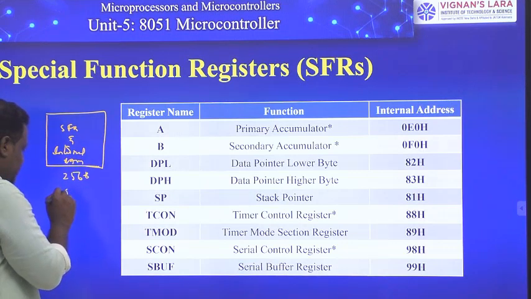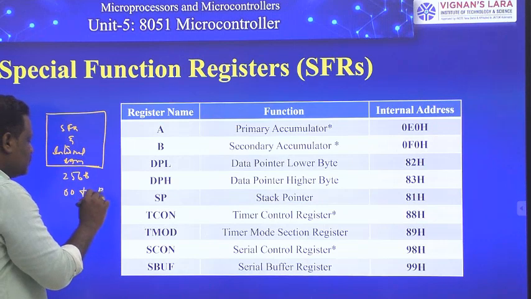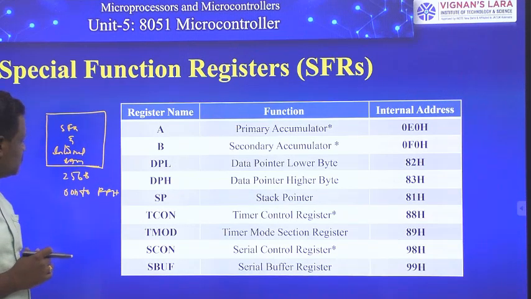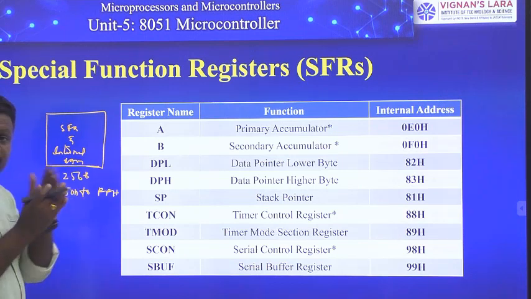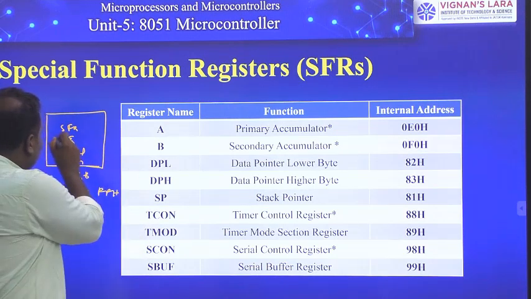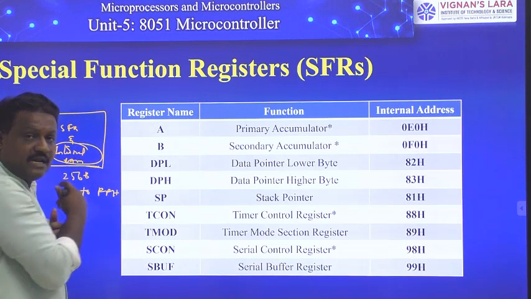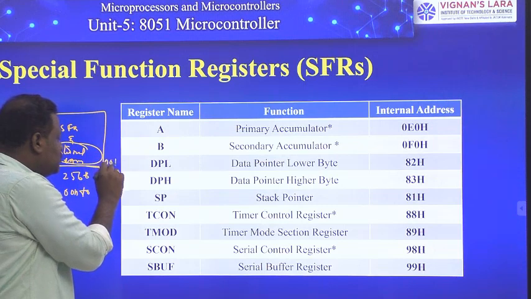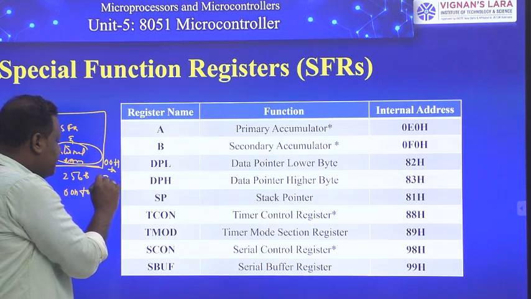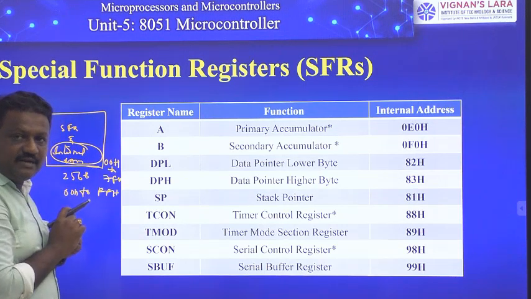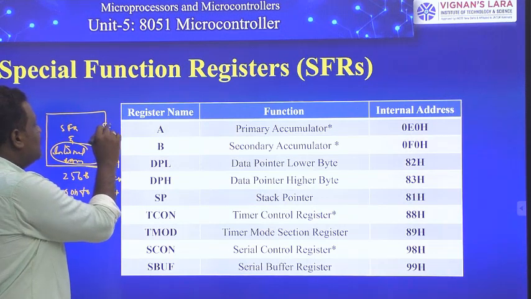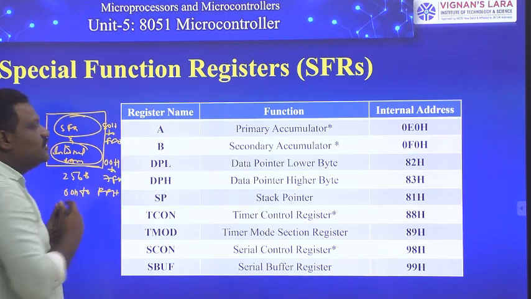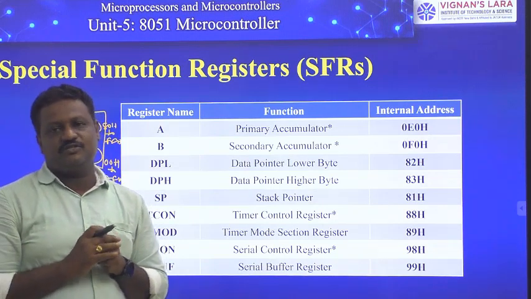That means the address range is from 00H to FFH. We split these 256 bytes into two halves. One half is considered internal RAM, for which we allocate 128 bytes, with addresses from 00H to 7FH, as we just discussed. And from 80H to FFH, these addresses are allocated to special function registers.